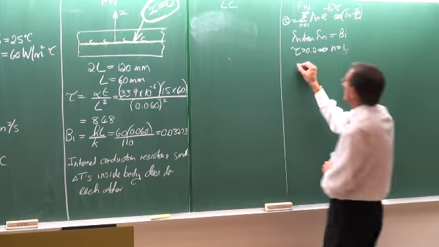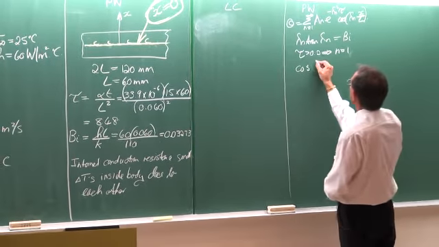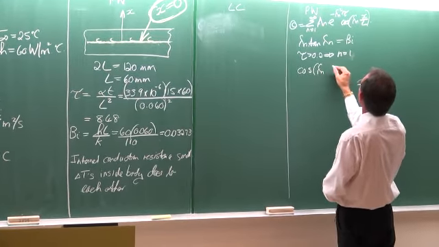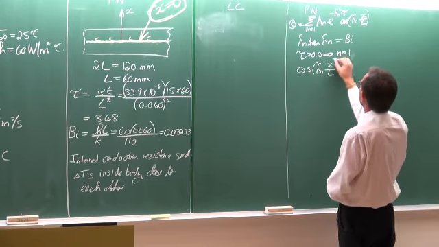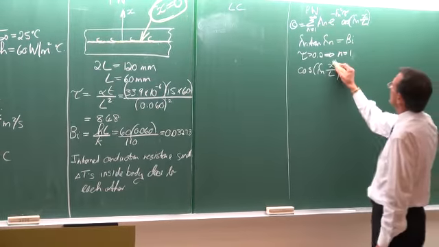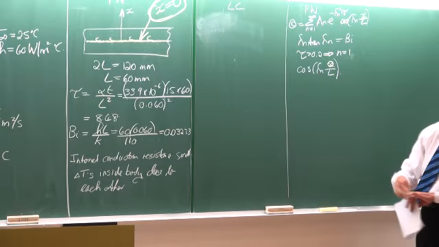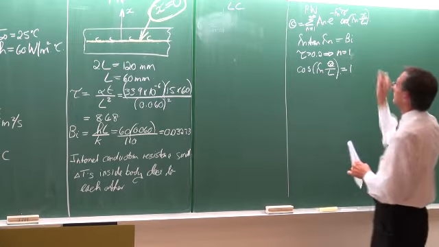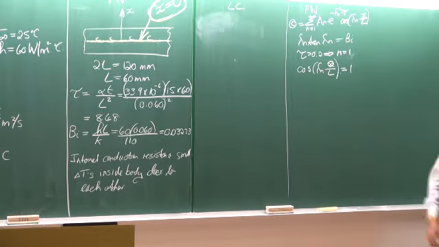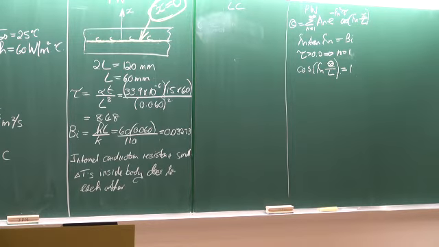The second thing is, let's look at the cos term. It's the cos of lambda n multiplied by x divided by L, but x is equal to 0. So the cos of 0 is equal to 1. So that term becomes much easier to calculate.